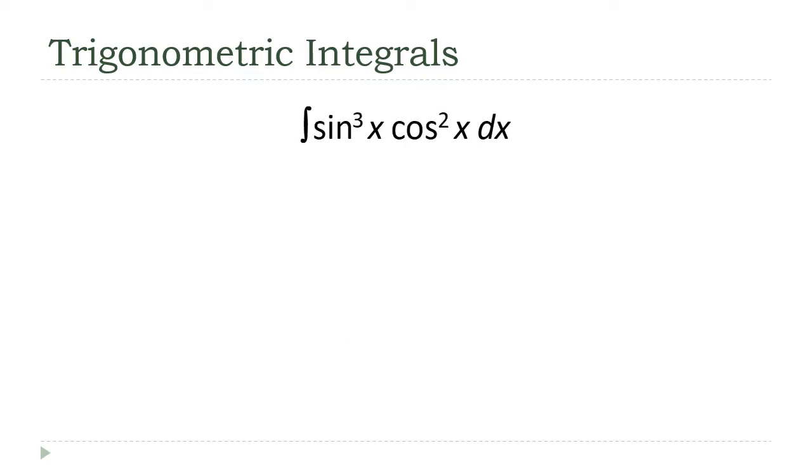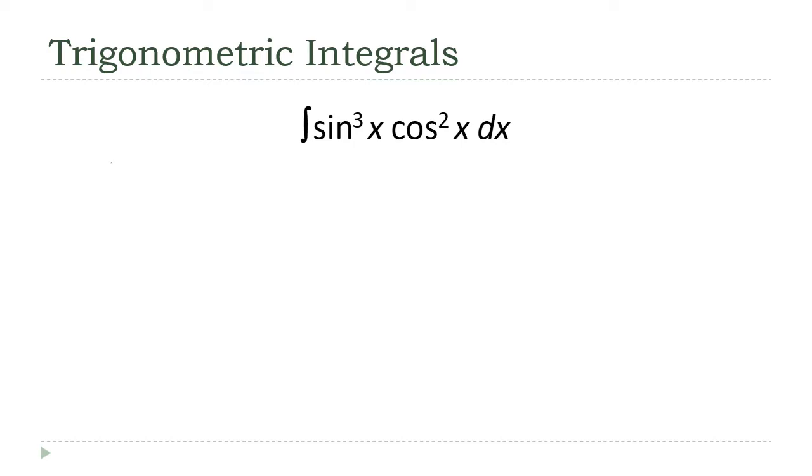So we'll start off with the method for where the sine is odd, and the approach here is going to be very similar to what we saw in the last lecture. I'm going to split off one of those sine functions, right?